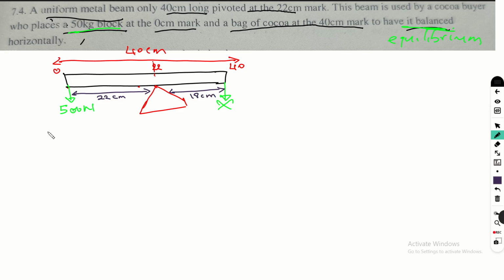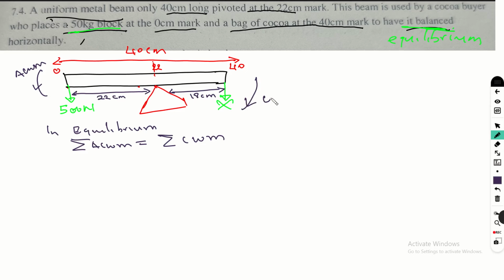Now since it's in equilibrium, what do we say? The principle of moments: the sum of anticlockwise moments is equal to the sum of clockwise moments. So you see this one is our anticlockwise moment, and this one will be our clockwise.